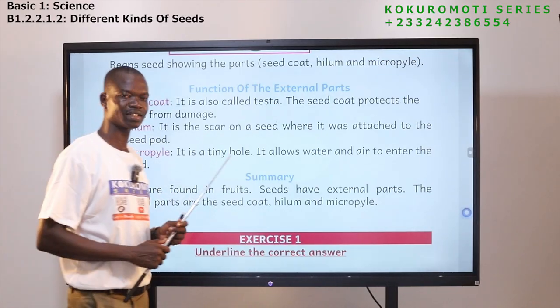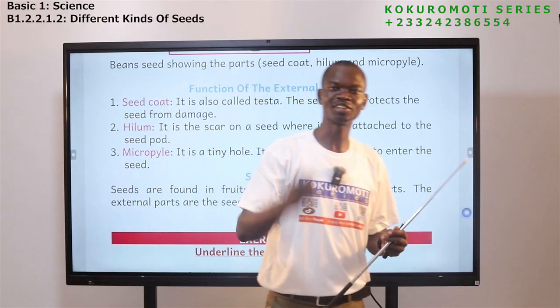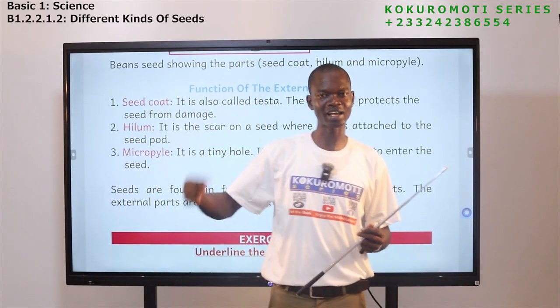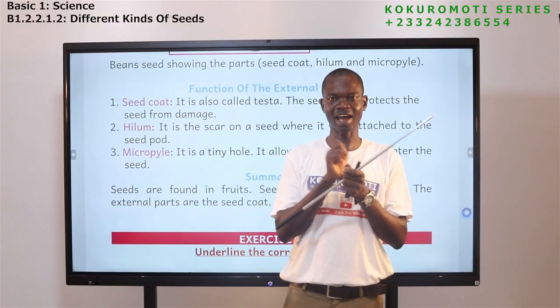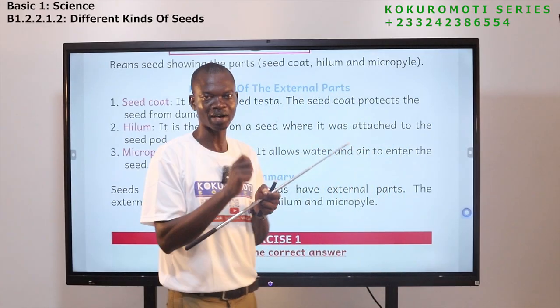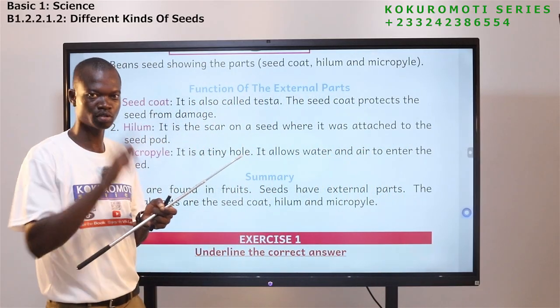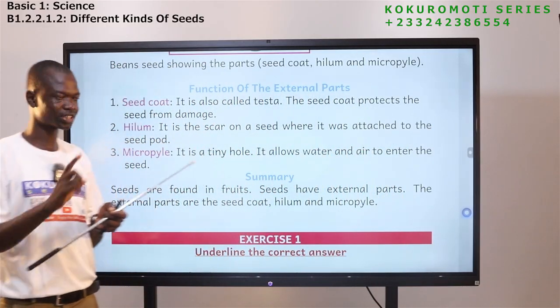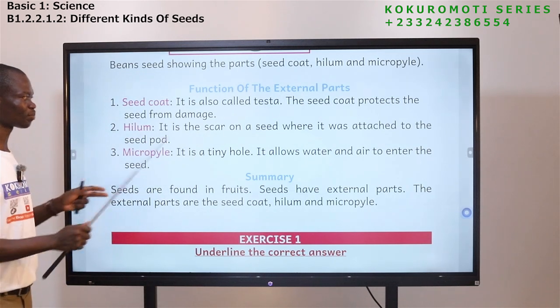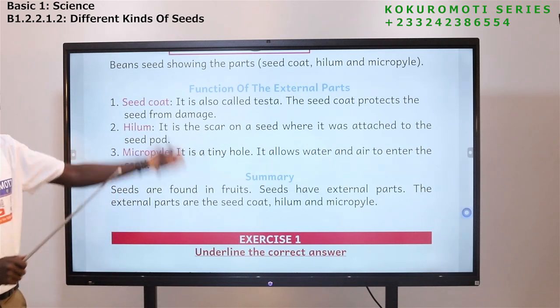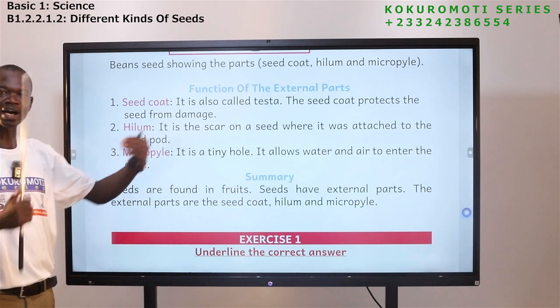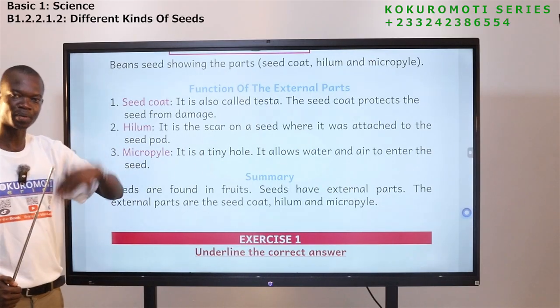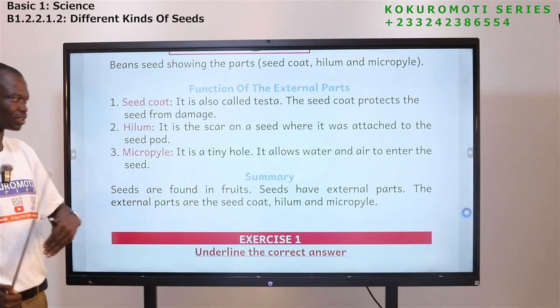So the scar tells you that that is where the hilum is. It is a hard part. That part is very hard, and it looks like a scar. That was the part attached to the plants, or the fruits.